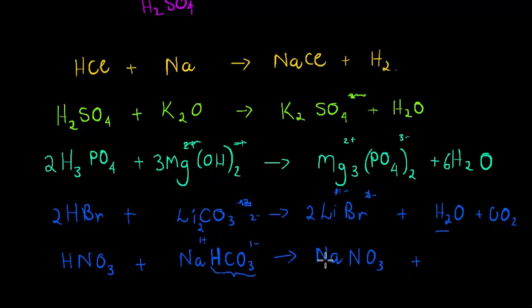The nitrate itself also has a 1 negative charge, so here we've got the 1 positive and the 1 negative, they're neutral. Again, we produce water and carbon dioxide, and let's see if we need to do any balancing here.